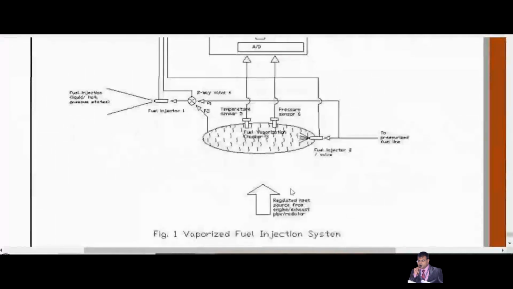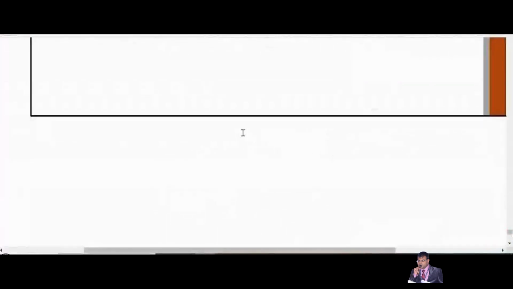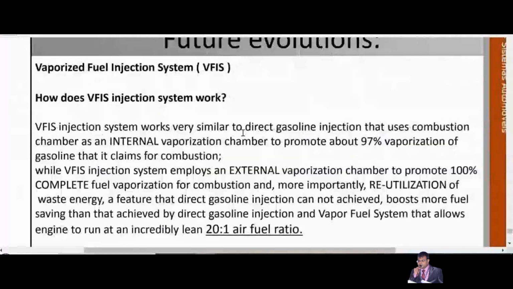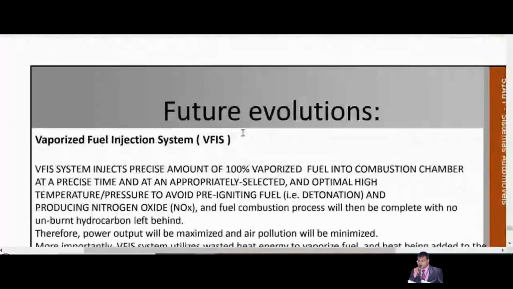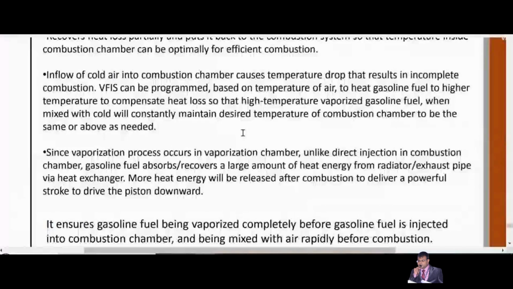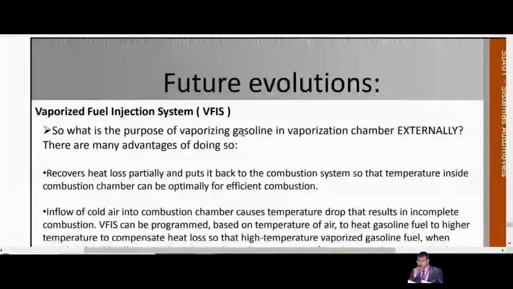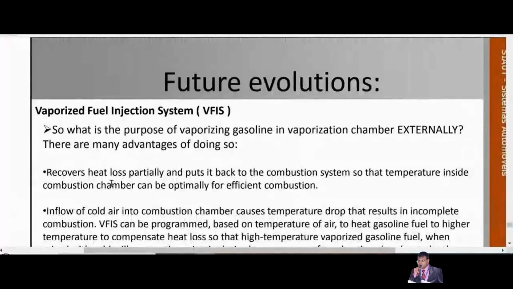The advantage of going for this vaporized fuel injection system is that it recovers the loss of heat. Basically, you have different losses, right? You have heat loss, time loss. Out of that, heat loss is going to be higher. This vaporized fuel injection system helps to reduce the heat loss.